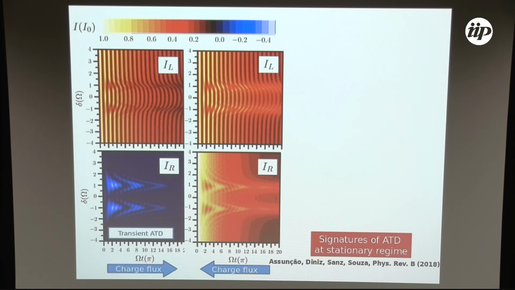You can also observe the Rabi oscillations on the right side, but the more relevant effect is the stationary current due to two things: the crossed Andreev reflection and the laser, the optical field.